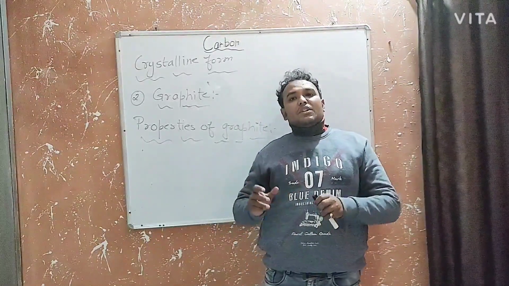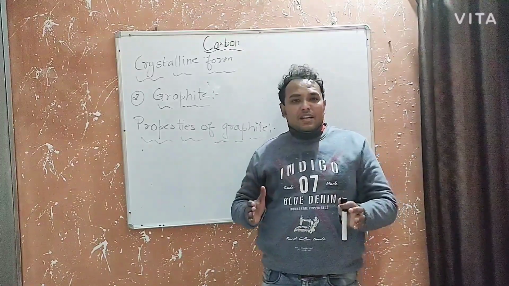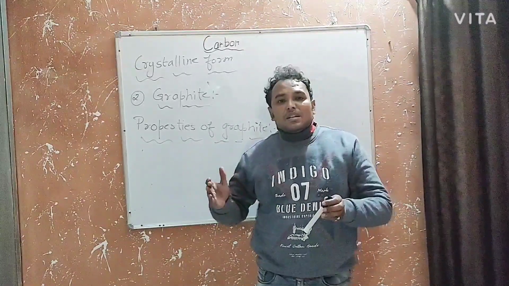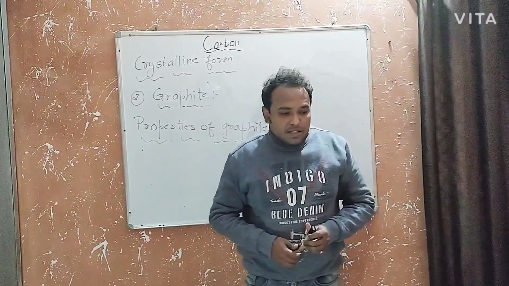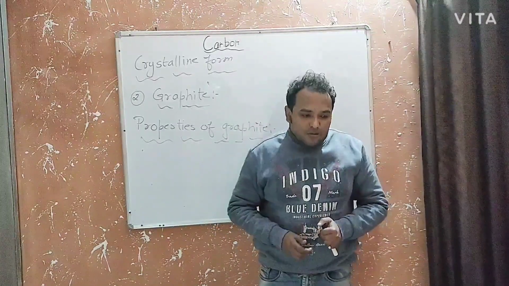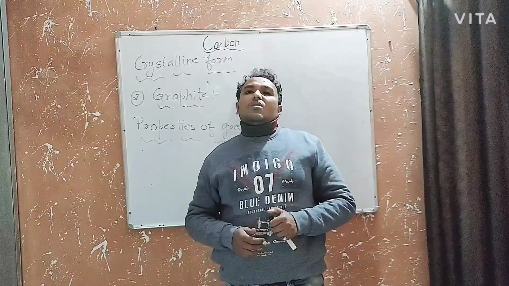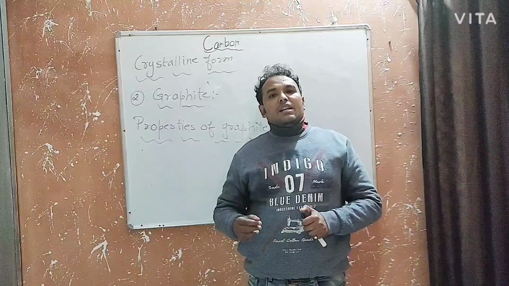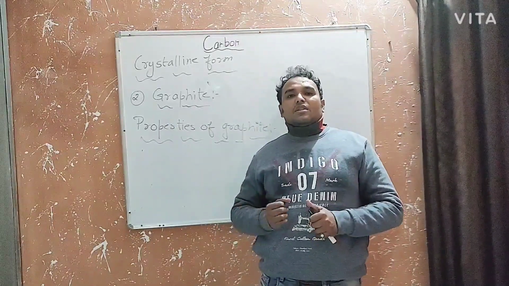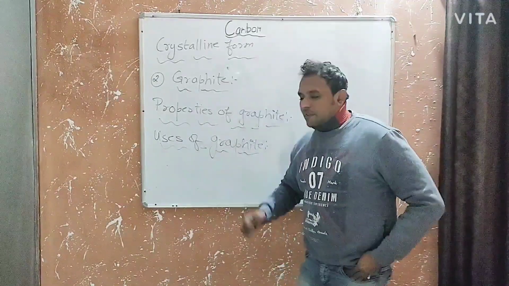Next property, the density of graphite is 2.3 grams per cubic centimeter. Last but not least, the melting point of graphite is 3733 degrees Celsius.